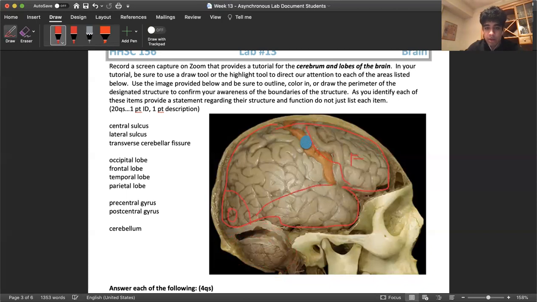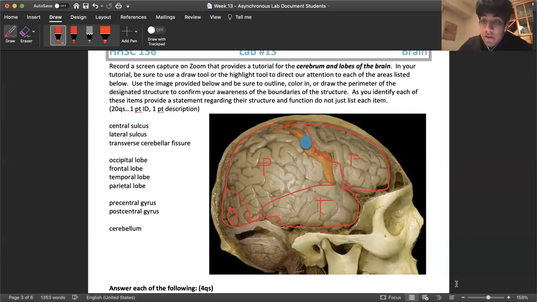This would be my temporal, and this is my parietal. I believe I have to give a little bit of background to these lobes, so I'll do a quick rundown.